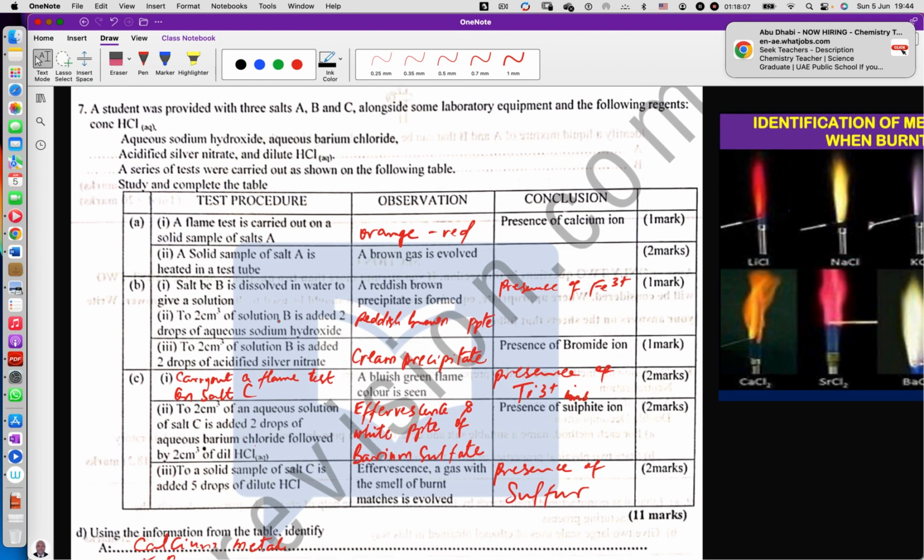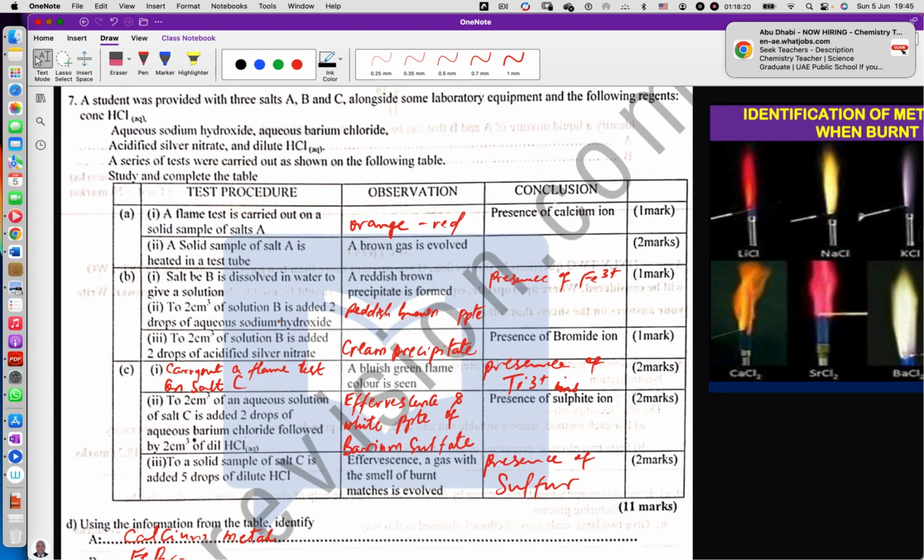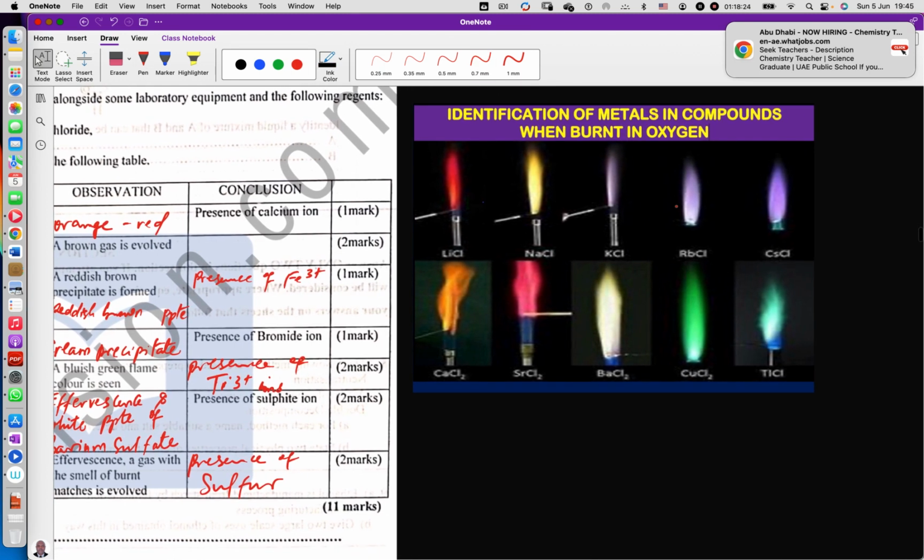The first test is a flame test carried out on the solid sample of salt A, and the presence of calcium will indicate orange red, because if you look at the identification of metals here, calcium is shown here.